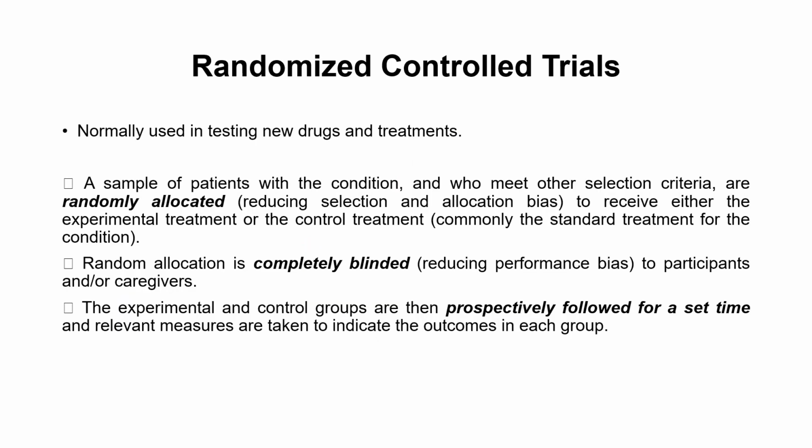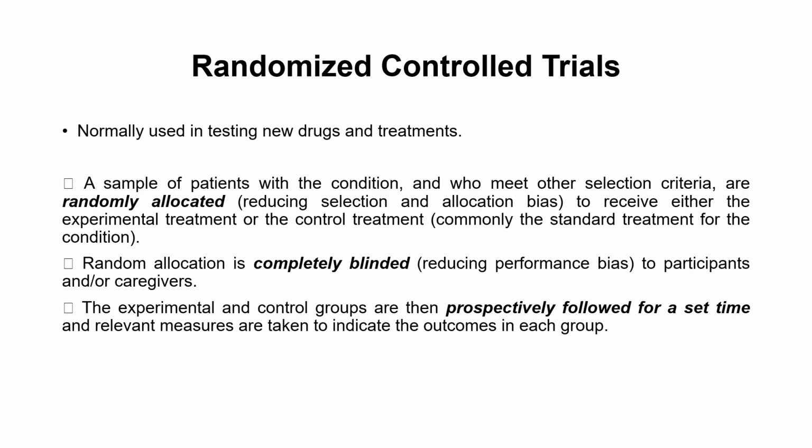The randomized controlled trial is the best and is normally used in testing new drugs and new treatments, where you have a sample of patients with the condition who meet other selection criteria and are randomly allocated, in order to reduce selection and allocation bias, to receive either the experimental treatment or the control treatment. Commonly, the control treatment will be the standard treatment of care for that condition.